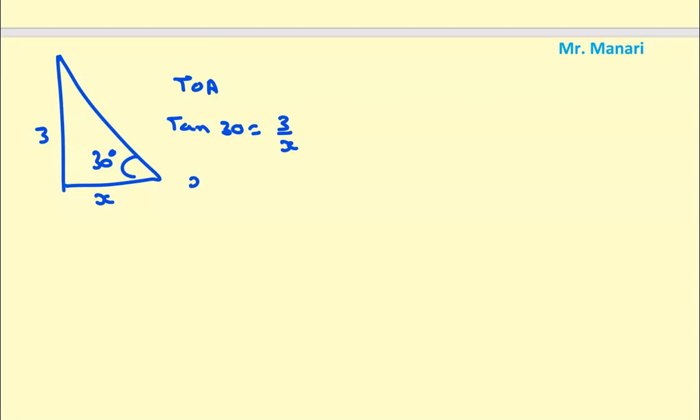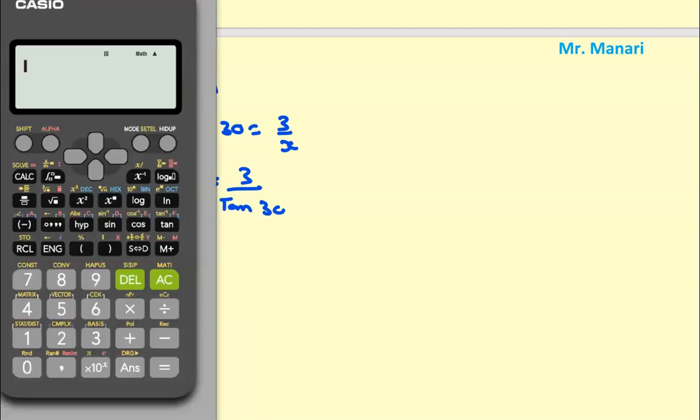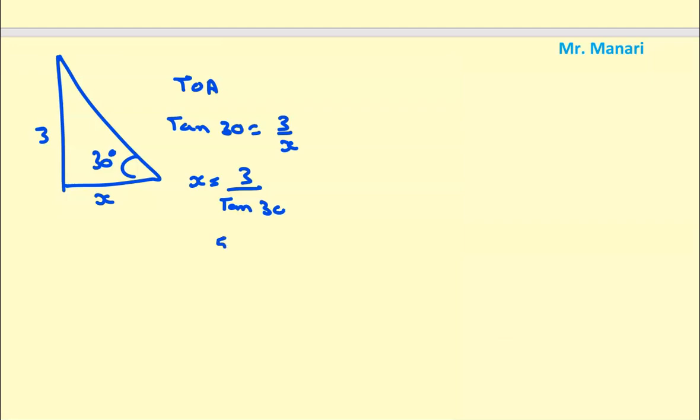So to find x, by the rule, you're going to have 3 over tan 30. You press 3 over tan 30 and you get your answer as 5.1 centimeters. As simple as that.